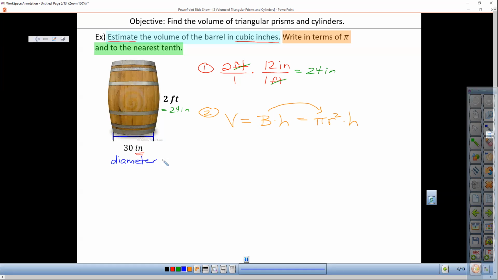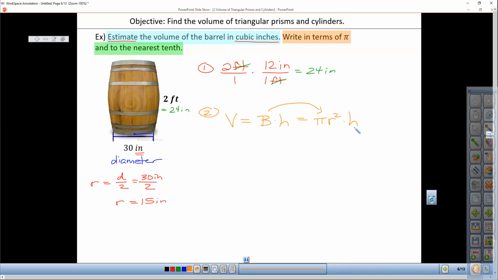As I reminded you earlier, radius is from the center out. So what is the relationship between a diameter and a radius? Radius is half the diameter. So when we want radius but we have diameter, which we call d, we divide it by 2. We take that 30 inches and divide it by 2, and that gives us a radius of 15 inches.